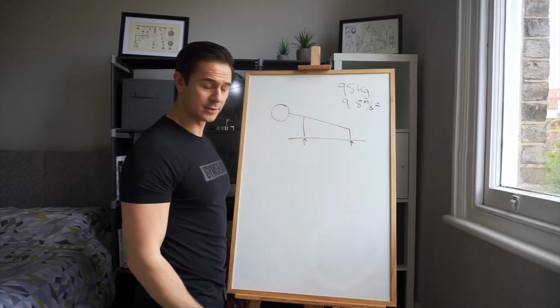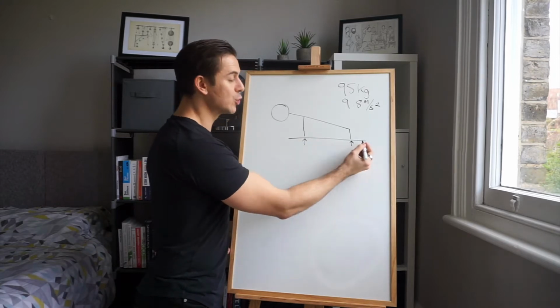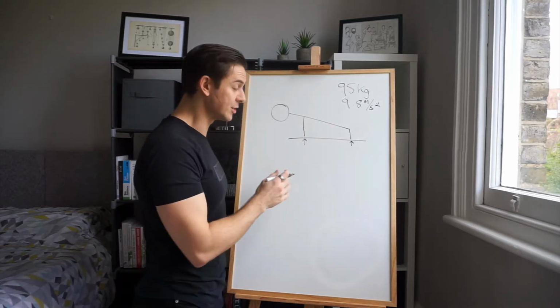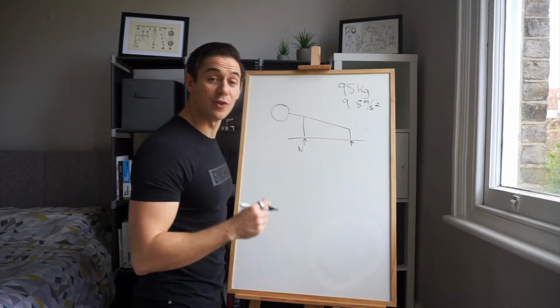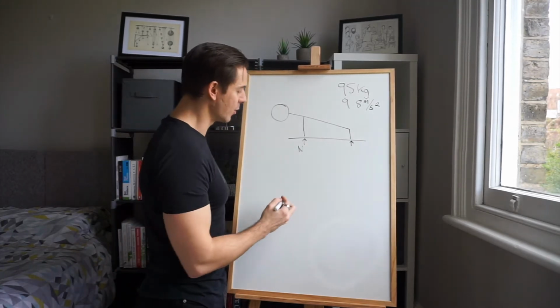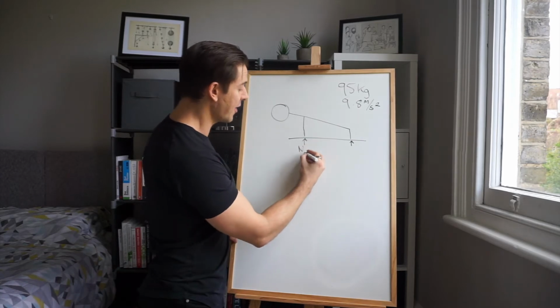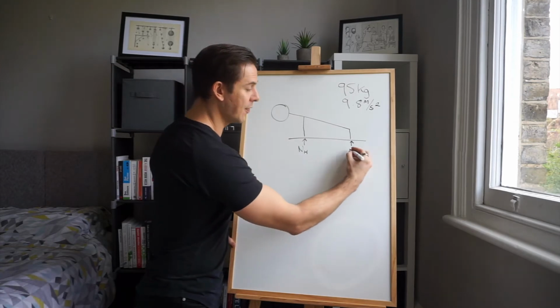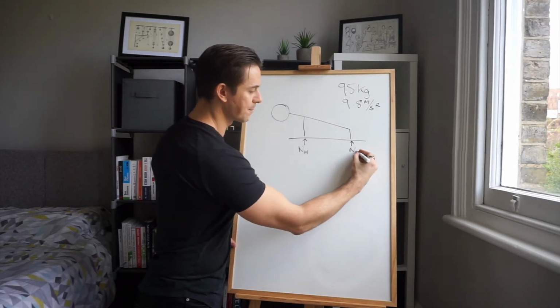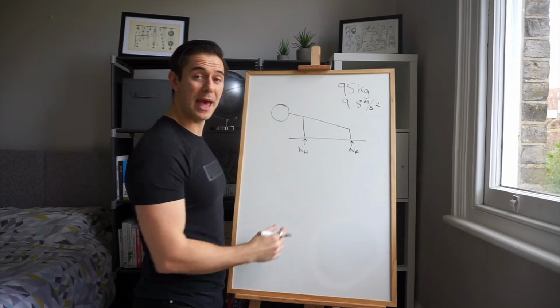And so we have a ground reaction force, which we could write as GRF, but we're going to write as N, which stands for the normal force in physics. That's generally what that's written as. And we have N, it's applied at the hands, so we're going to say N sub H, the normal force at the hands. And then we also have the normal force at the foot, N sub F.